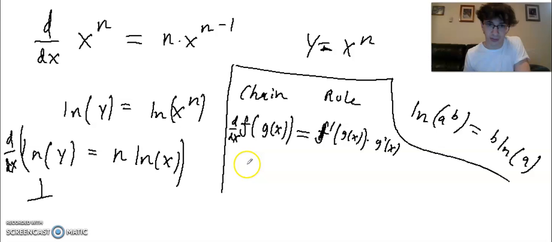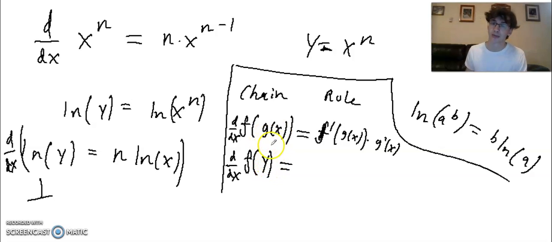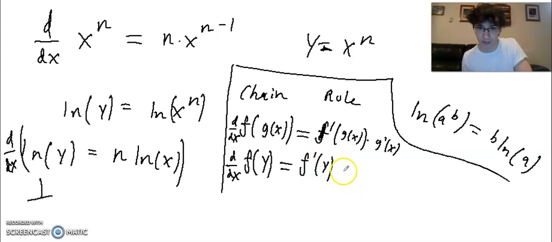So if we have, say, f of y and we want to derive it with respect to x, well, first this y right here is just g of x. All these parentheses make it look complicated, but we can have f prime of y times, well, g prime, which is just y prime.